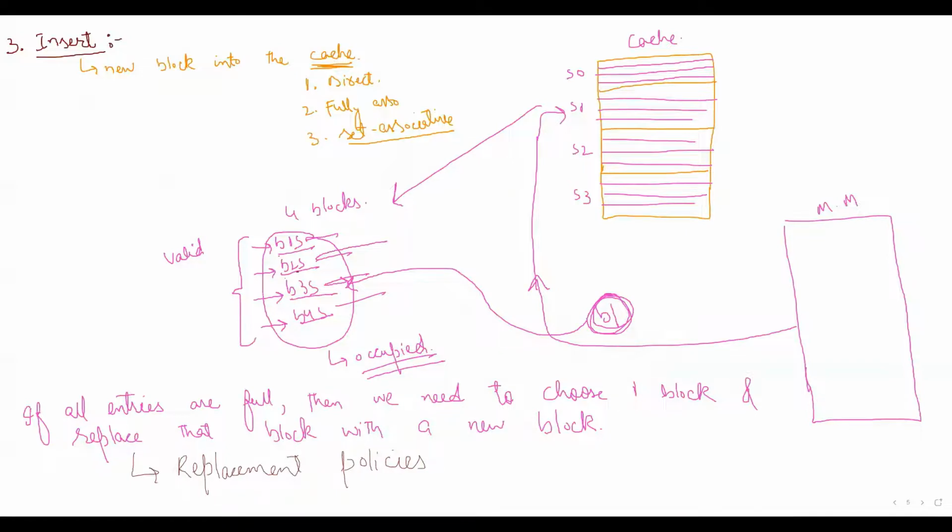Now we have the last operation, the 4th operation related to caches, which is the evict operation. Evict means that I have to evict some block from the cache. When will I have to evict an entry? Whenever I have to replace that entry. Now in the evict operation, there are 2 scenarios.